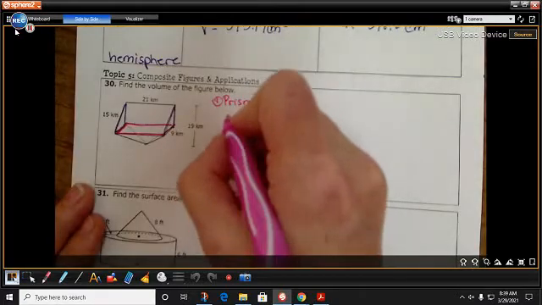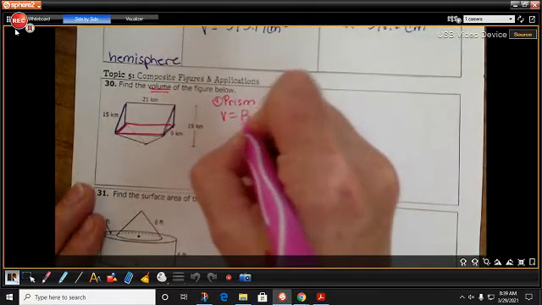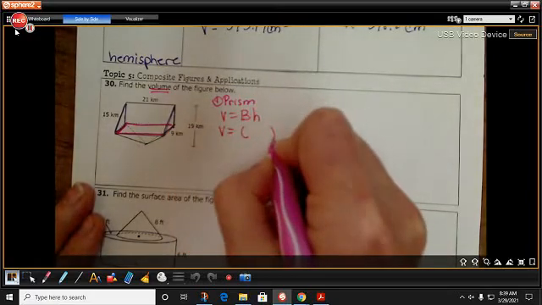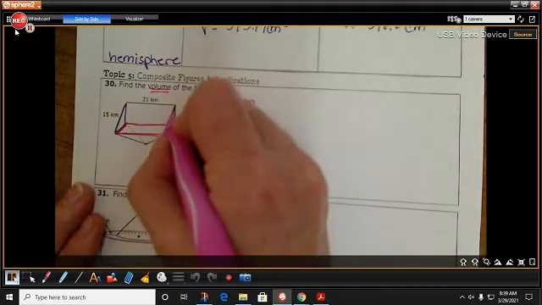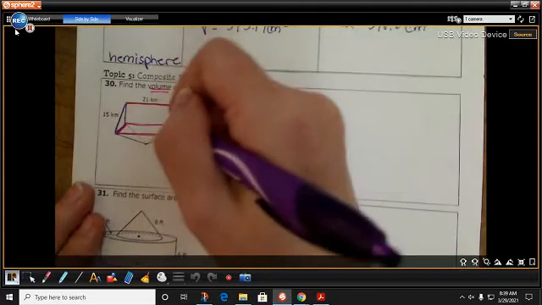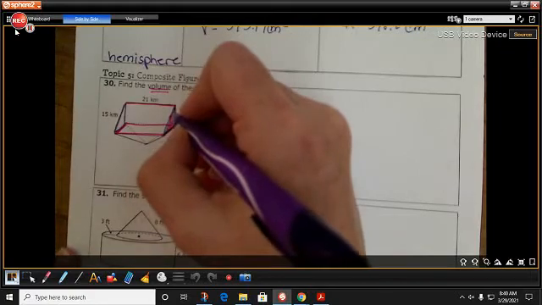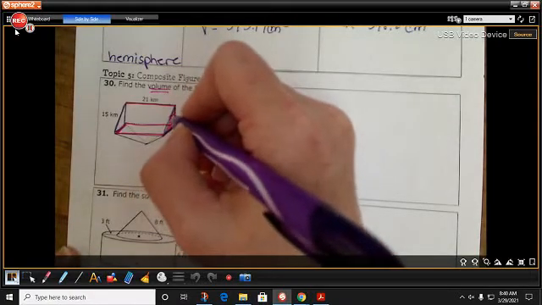And so for the prism, that volume is going to be the area of the base times the height. And so I need to do the area of my base, which will be this triangle here on the end, times the height of my prism, which is 21. Now I'm going to focus in on this base. It is a right triangle, and I know that its base is 9, so I need to figure out its height.